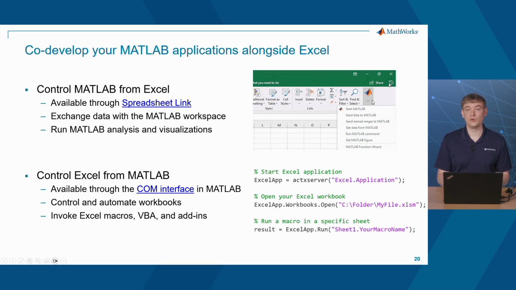And let's say you wanted to leverage a macro you already have in Excel. It just takes 3 simple commands in MATLAB to first connect MATLAB to the Excel application, and then tell Excel to open your workbook, and then tell Excel to run your macro and return that result back to MATLAB. So if you want to co-develop in both platforms and get the best of both worlds, there are multiple different ways you can do that.